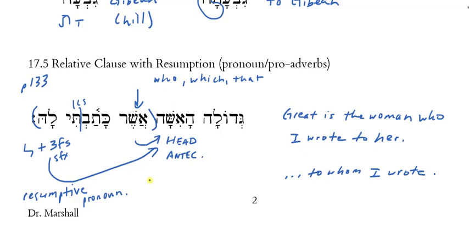In normal English, we would say this is the place where he sat. That sham is resumptive. What's it resuming? It's resuming the Hebrew word place, hamakom, right? This is the place which he sat there, i.e. in that place. So you will see resumptive adverbs and pronouns in your relative clauses in Hebrew. So there you go.